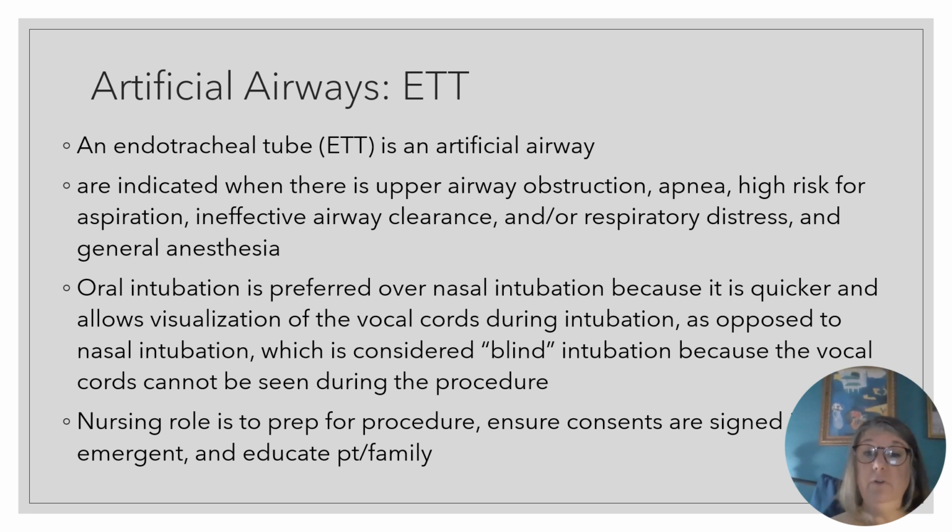So we're going to inflate the cuff with 20 to 25 millimeters of air. High cuff pressures can result in ischemia to the surrounding tissue. So you don't want to overinflate the cuff because you can cause damage. If the pressure in the cuff is too low, then the person can aspirate secretions.